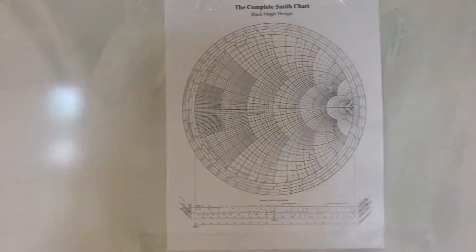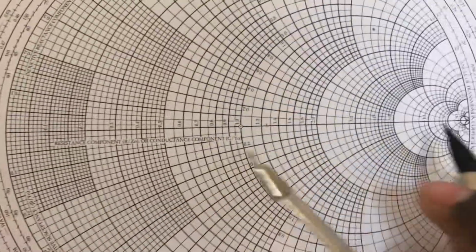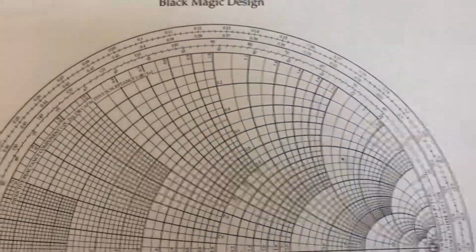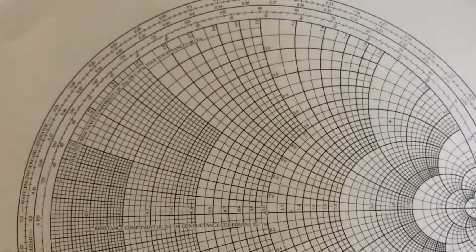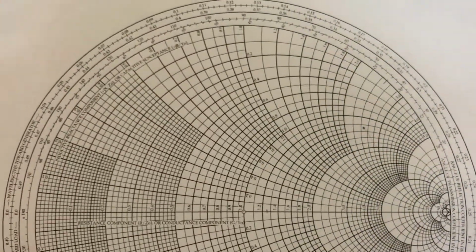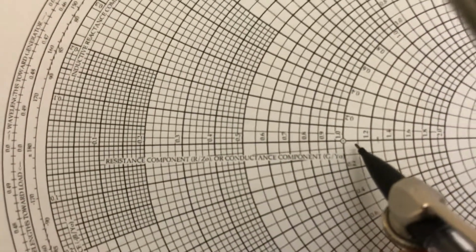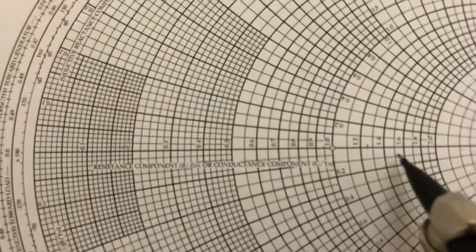So this is the Smith chart, and this horizontal line is where you are going to plot the real part of the load impedance, and you will be looking at this outer part of the Smith chart to plot the imaginary part of the load impedance. Now this is 1, so we need 1.25, which would be here.